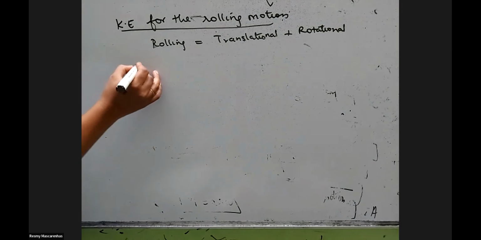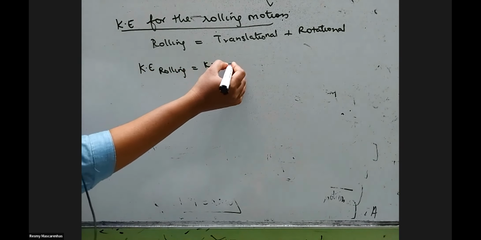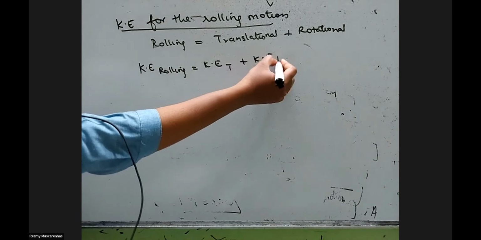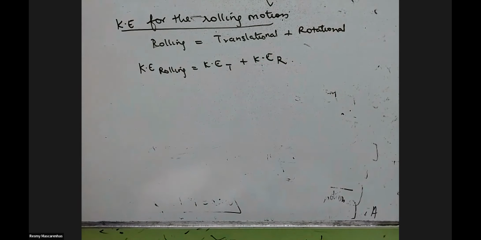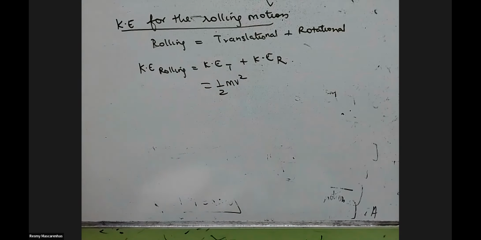So definitely the kinetic energy for rolling will be the kinetic energy of translation plus the kinetic energy of rotation. I've already given you the table analogy for kinetic energy, that is half mv square. And for rotational, it is half I omega square.